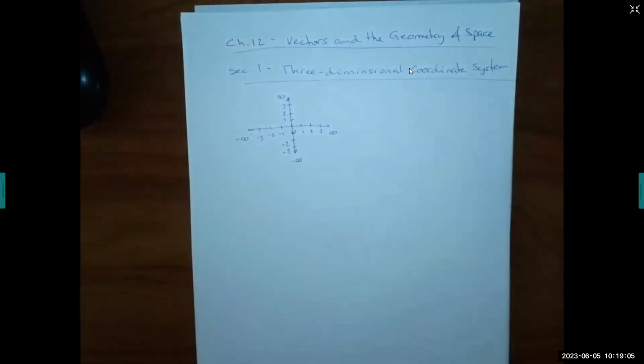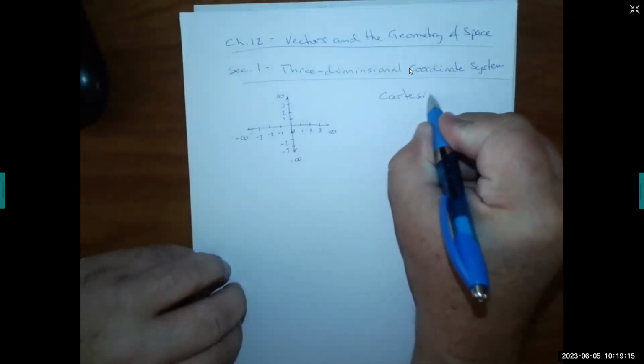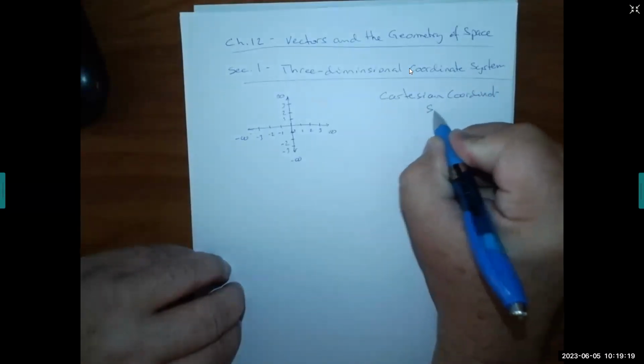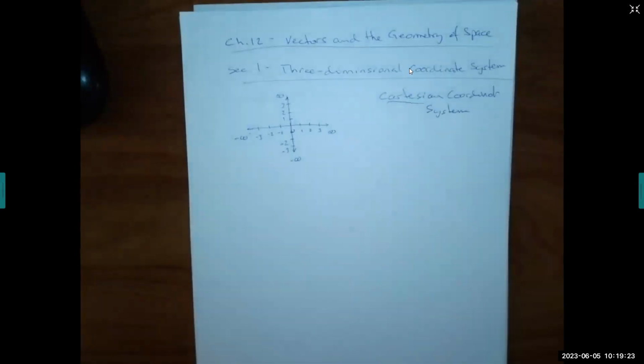Can anybody guess the history behind this? What he was doing when he invented this coordinate system? That's why this is called the Cartesian Coordinate System, after René Descartes. He was sick in bed one day.